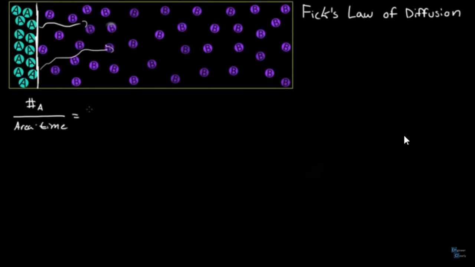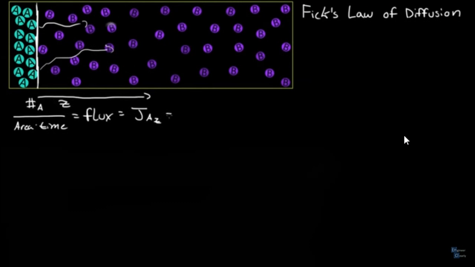And he called this flux. And that is equal to J A Z. So the A just represents whatever's crossing it, and the Z means going in this direction, in the Z direction. So it's the flux of A in the Z direction.